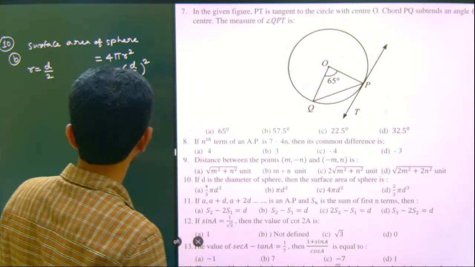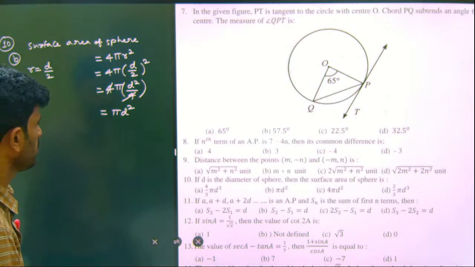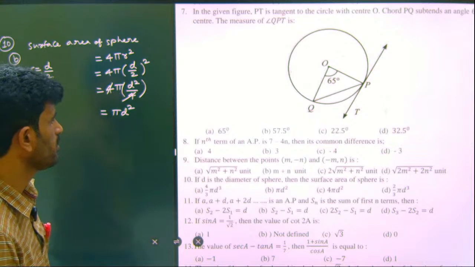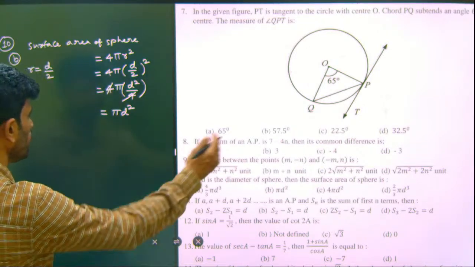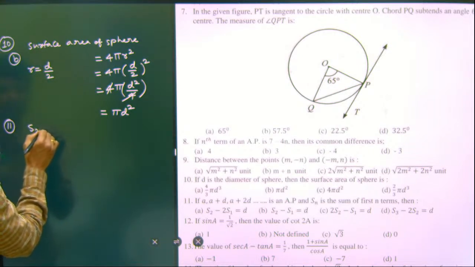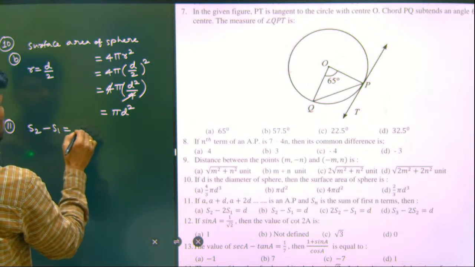Pi d square. Question number 11 is again arithmetic progressions. Here the general form of arithmetic progression is given. Then we want d. So to get d, we will find out S2 minus S1.